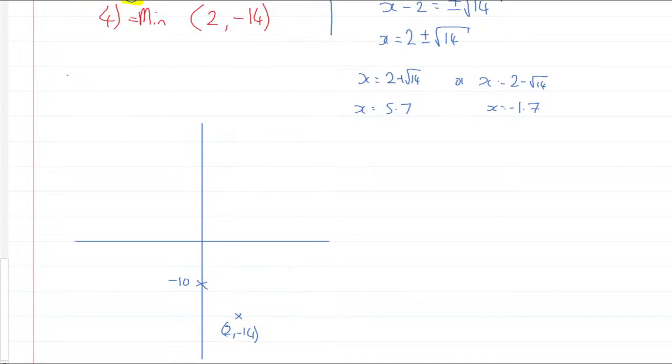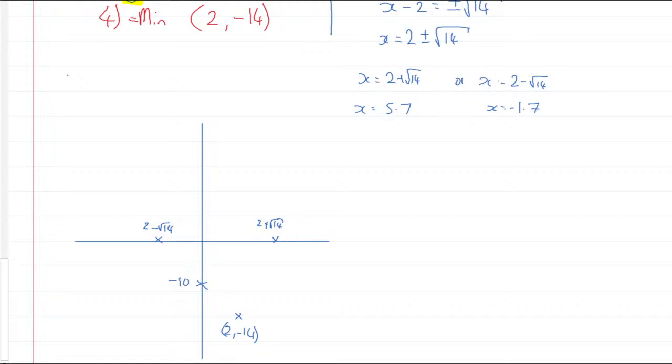So it's roughly here, isn't it? Minus 1.7 is roughly here. I'm going to write it in surd form: 2 minus root 14. Over here is 2 plus root 14. And then I just connect it all up.